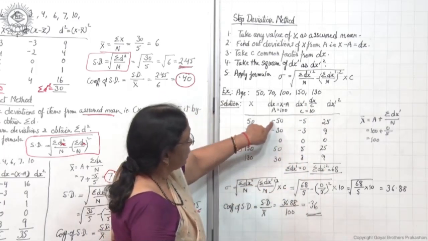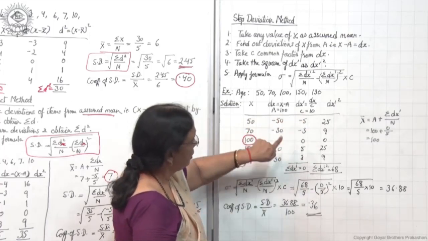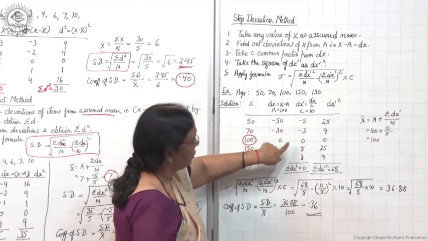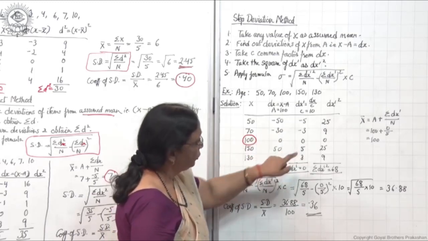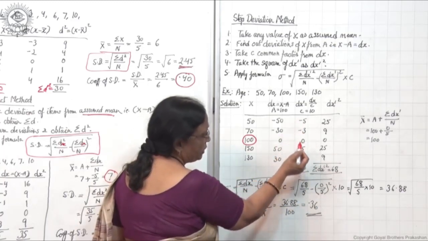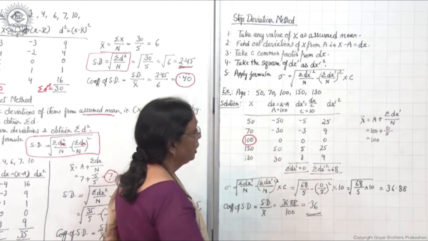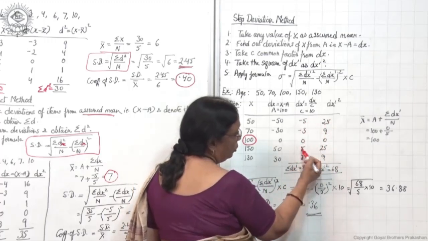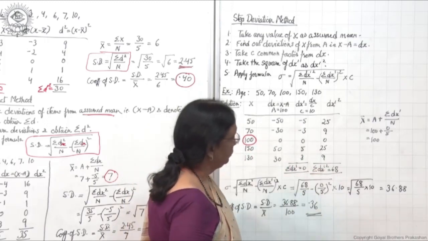Minus 50 divided by 10 becomes minus 5, minus 30 divided by 10 is minus 3, 0, 50 divided by 10 is 5, 30 divided by 10 is 3. The total becomes 0 because minus 5 minus 3 and plus 5 plus 3 is 0. Squares of these are 25, 9, 0, 25 and 9, and the total is 68.